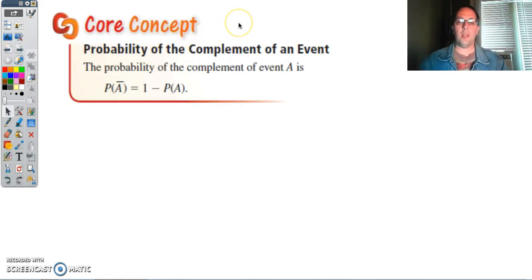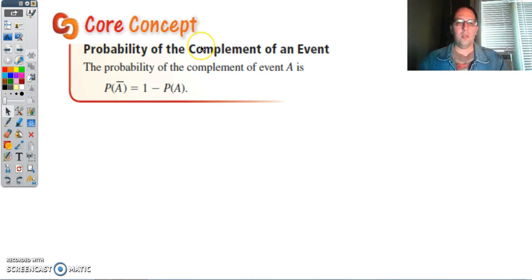Now, probability of the complement of an event. The complement of an event is not the event. So, for example, in the one before where the event is getting a 50, the complement of the event is not getting a 50. Get a 25, get a 0, get a 75, get a 100. Anything is fine as long as it's not a 50.